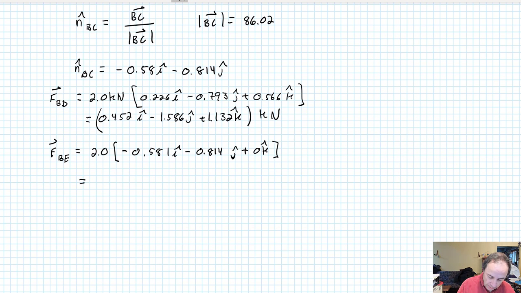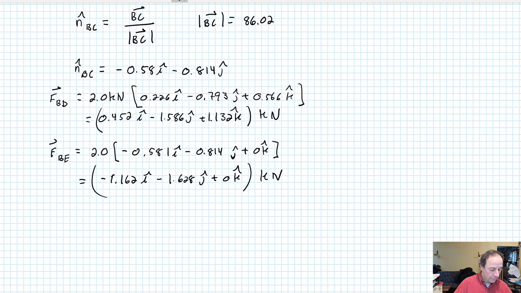And when you multiply that out, you get minus 1.162I minus 1.628J plus 0K, and this is in kilonewtons.